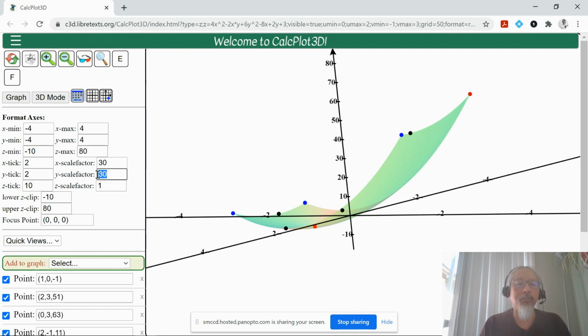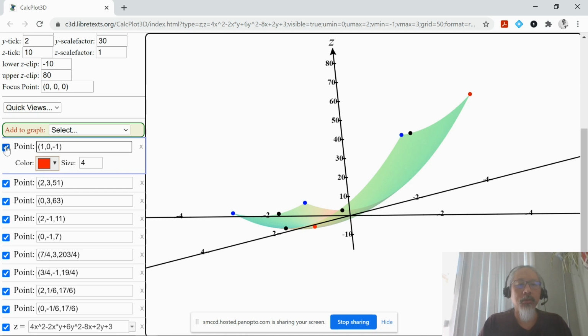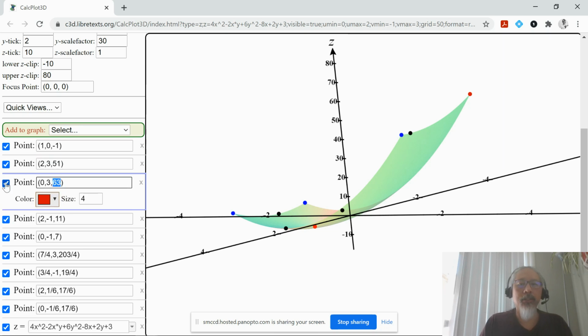And so I scale factored the x and the y so that it makes the z more compact. And I plotted the points as well. The critical value point was the red point. You can see it disappear and appear again. And the high point was the one with a 63 as a z value. You can see that appear and disappear again. And everything else are the values that we found.